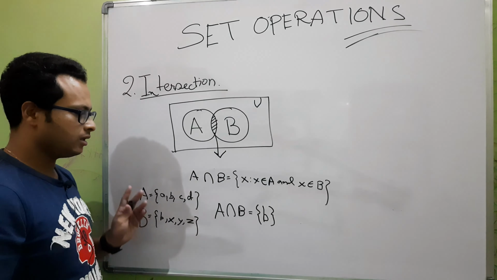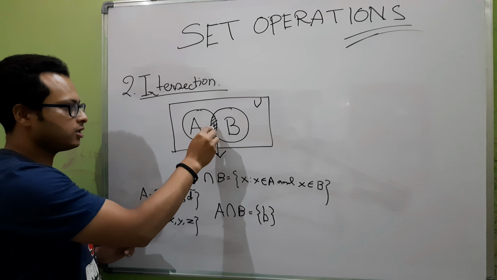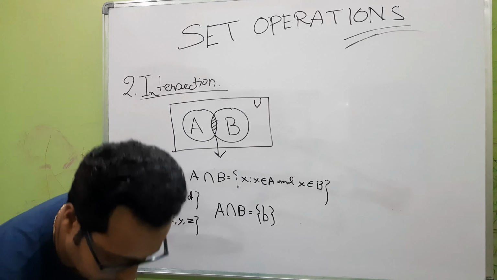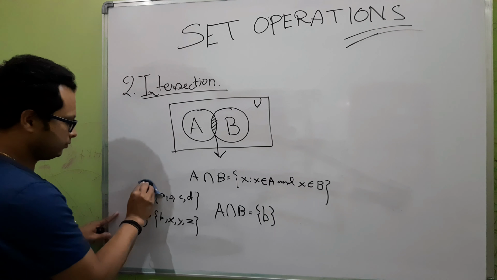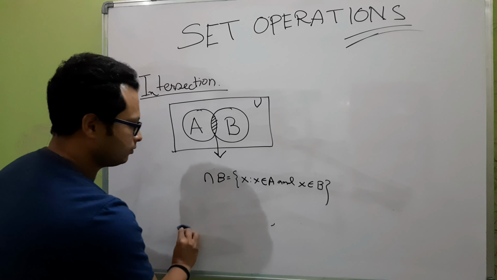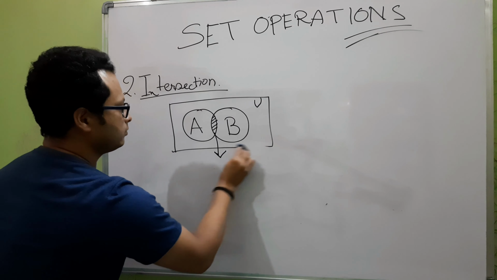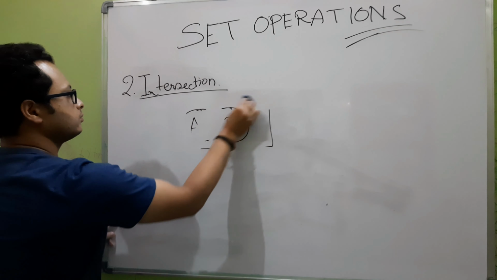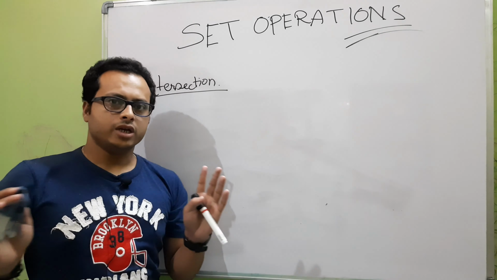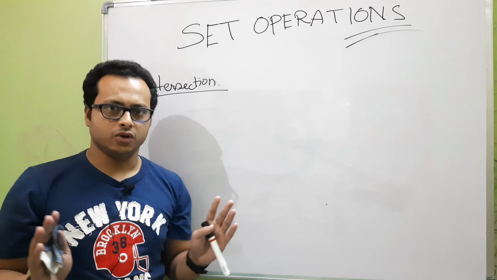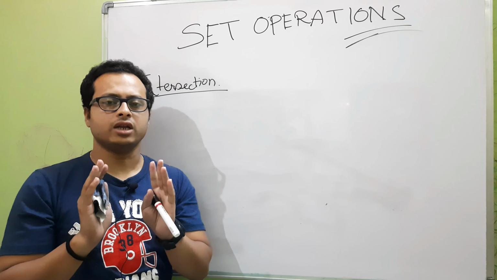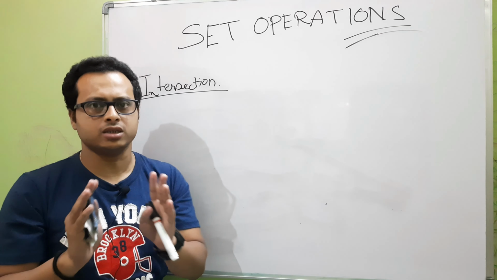Yes, we take only the common elements from both sets A and B. Okay, fine, let's move. In union we take all the elements, and in intersection we take only the common elements between two, three or four different sets.